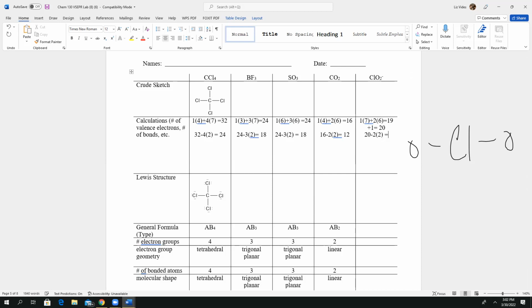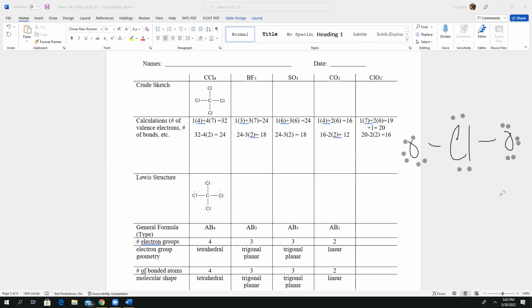That gives me 16. So we have 16 electrons to go around. We got 1, 2, 3, 4, 5, 6, 7, 8, 9, 10, 11, 12, 13, 14, 15, 16.